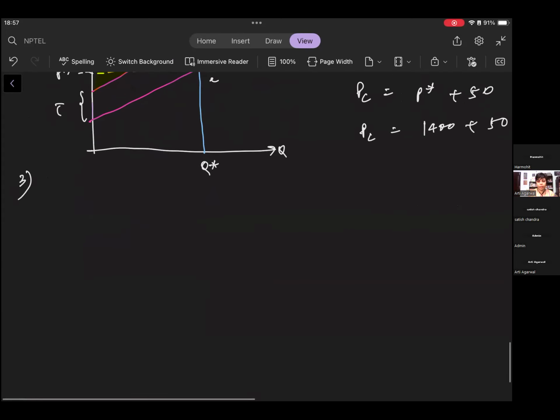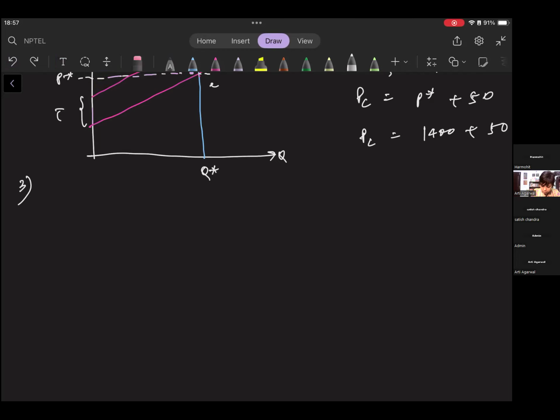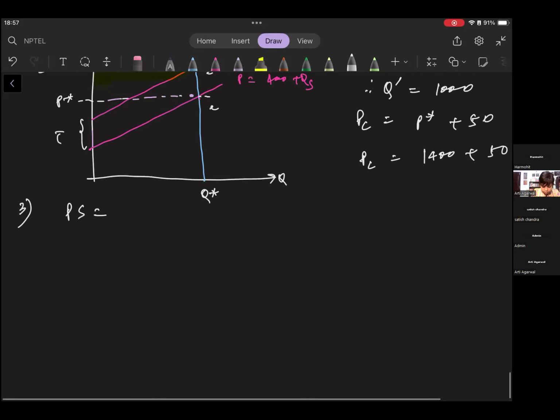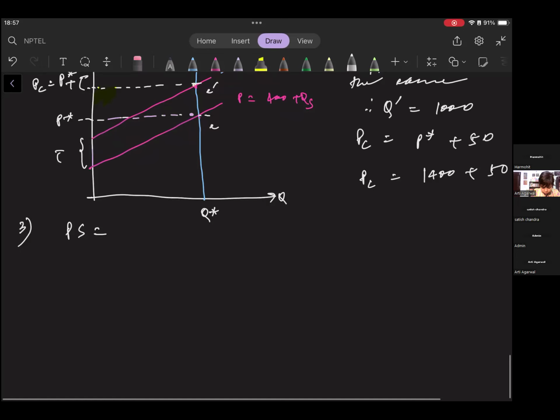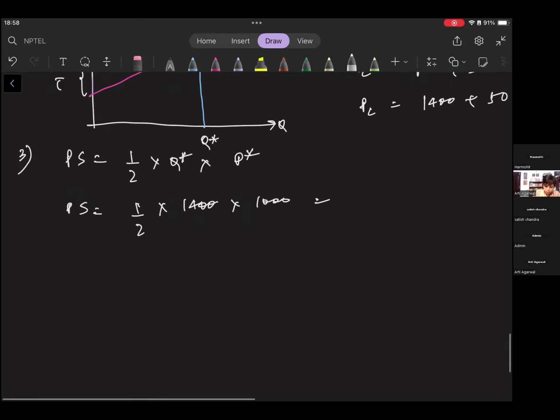Producer surplus does not change. So we can calculate it: producer's surplus is half into Q star into P star. You can take this value or that value, it's the same thing. You can calculate whatever this comes out to be.